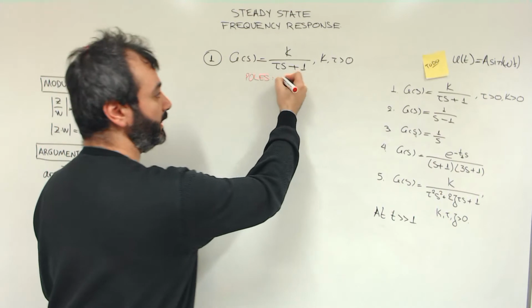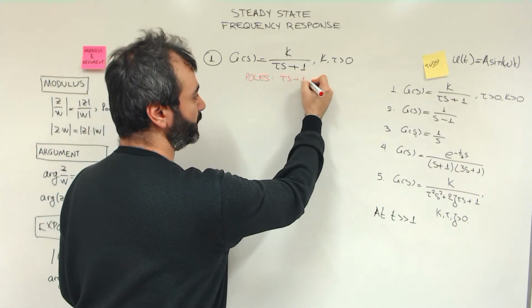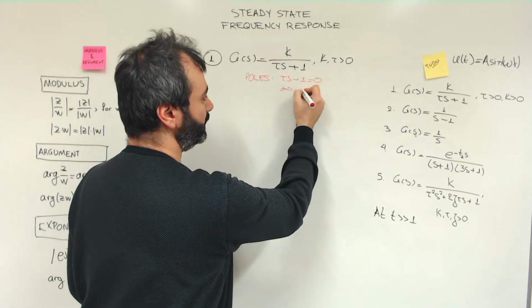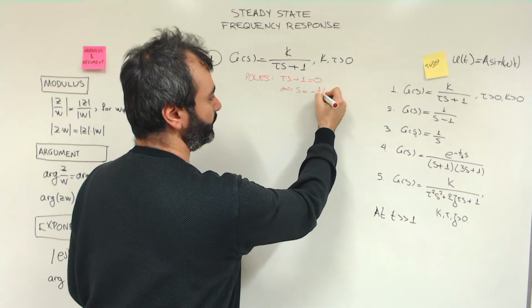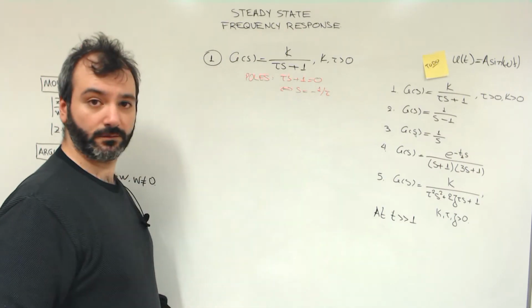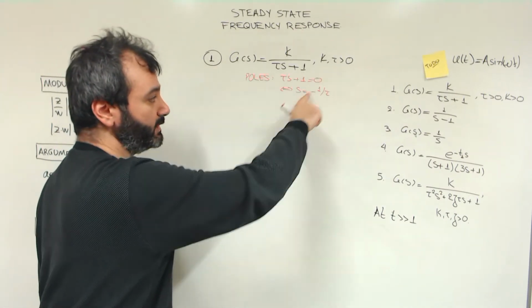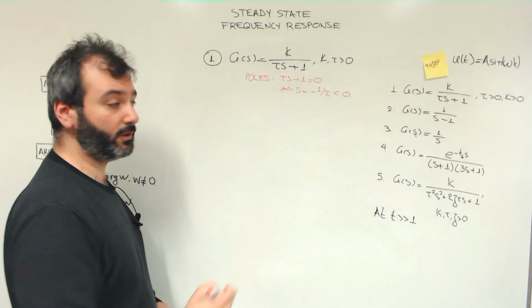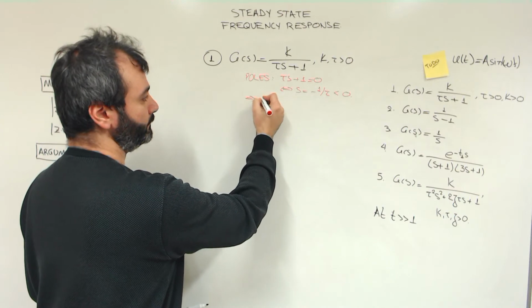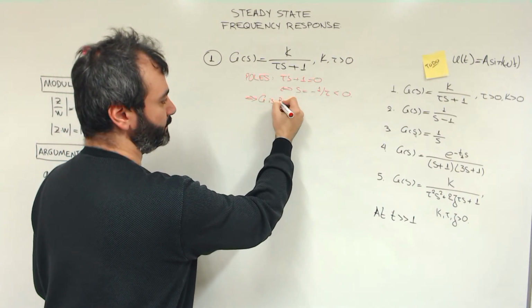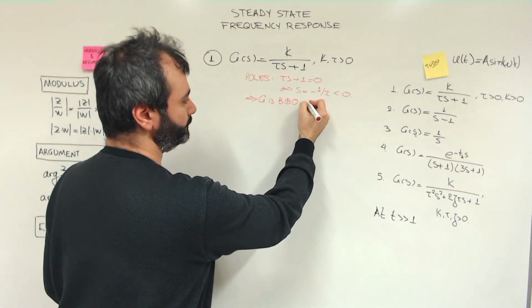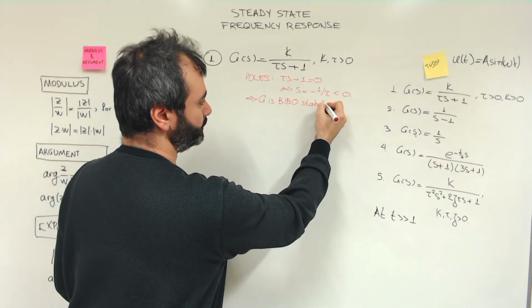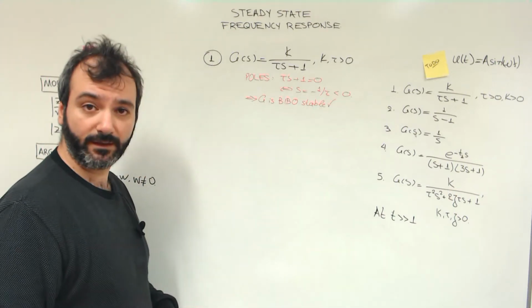The poles, the solutions of tau s plus 1 equals 0, are s equals minus 1 over tau. And given that tau is a positive number, this is a negative real number. Therefore, G is BIBO-stable. Good, so we can apply the theorem.